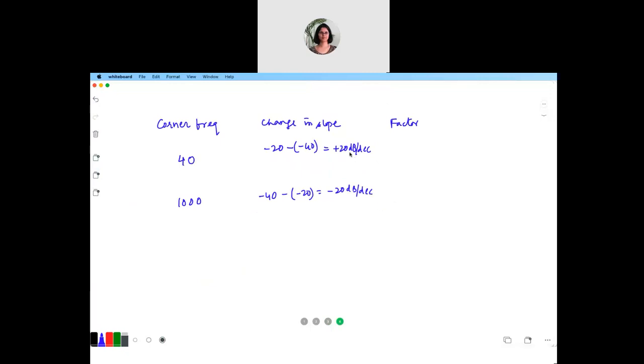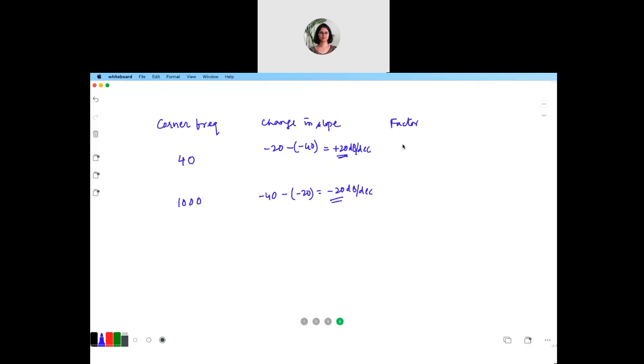Now if the slope is negative, then I will have a pole. If the slope is positive, I will have a 0. It is a simple pole because it is plus 20 and minus 20. So only one term. So how do I write the factor? Because it is positive sign for the first one, the factor would be in the numerator.